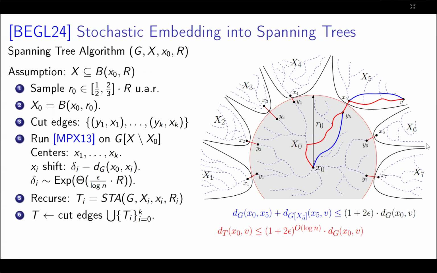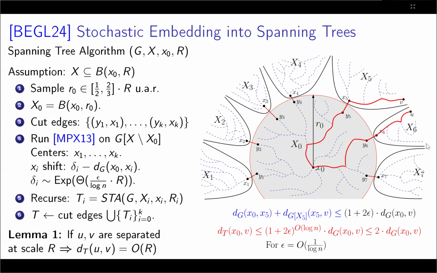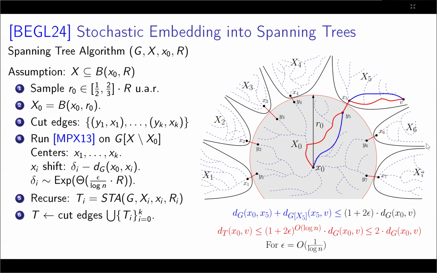So overall, you get 1 plus epsilon to the power of log n. We want it to be a constant. This is the reason you just pick epsilon to be 1 over log n, and you get the constant here. So here's the first observation. The distance between any vertex v in the tree to the center is at most twice the original distance.